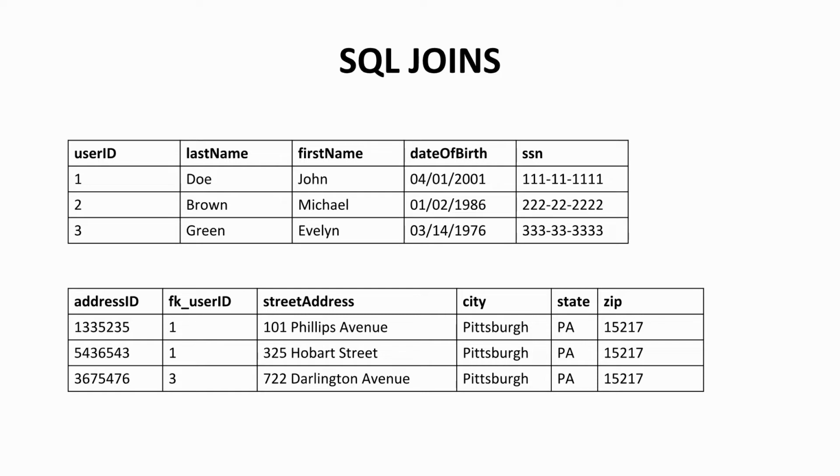Or maybe it's just like when you are a university student, you're asked to provide a mailing address and a permanent address, so you essentially have 2 addresses here. Then Michael Brown may or may not be homeless, but maybe somebody forgot to record an address for him. And then Evelyn Green just has 1 home.